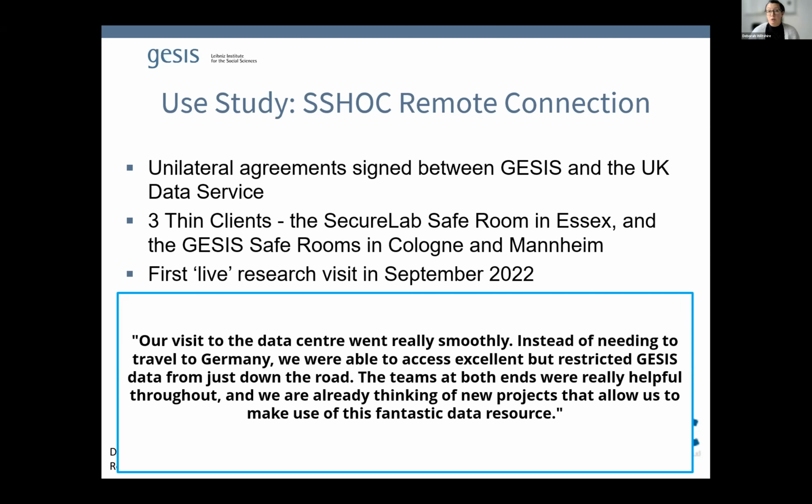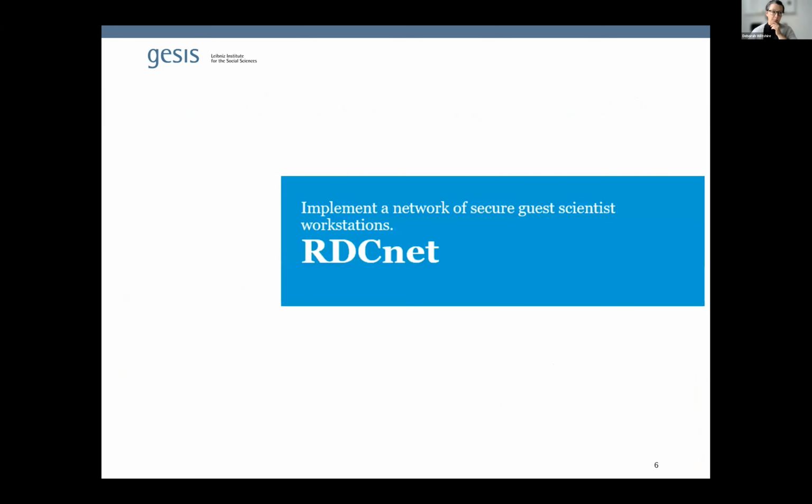Now, SHOCK is not the only project that has looked at setting up these remote access connections, and I just want to mention briefly a couple of others. So in Germany, we have a new project which is just starting out called RDCnet. This project aims to implement a network of these connections between different secure data facilities across Germany.